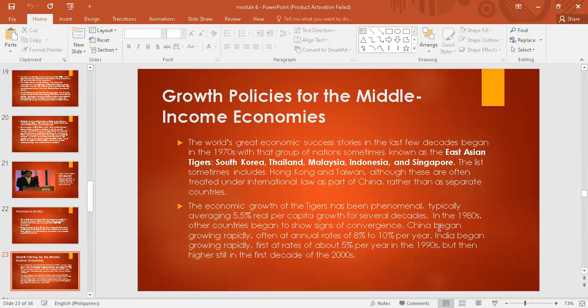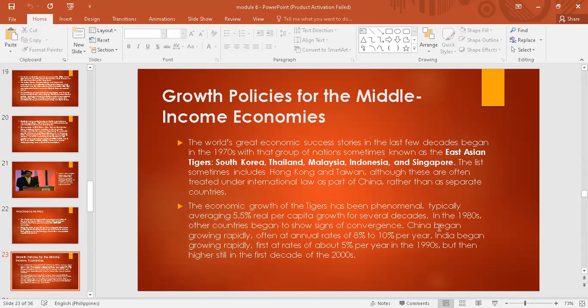For the past few decades, since the 1970s, there have been countries or nations that rose and became wealthier. They are called the East Asian Tigers. These include South Korea, Thailand, Malaysia, Indonesia, and Singapore. Though most of the time, Hong Kong and Taiwan are included. But because of international law, Hong Kong and Taiwan are considered part of China.